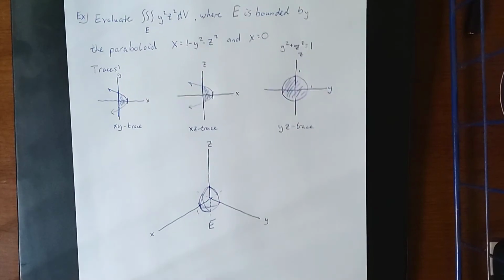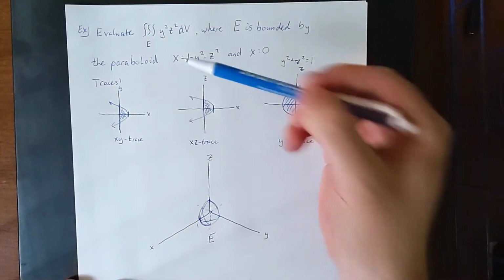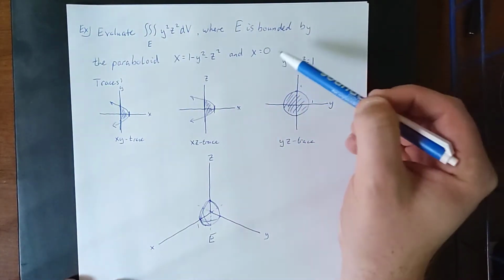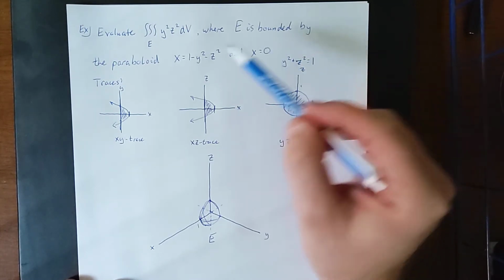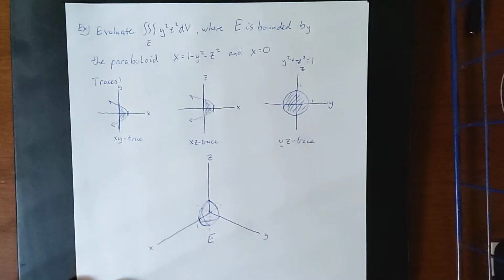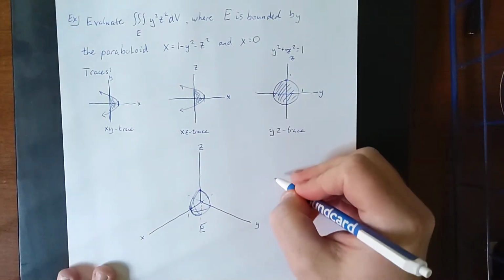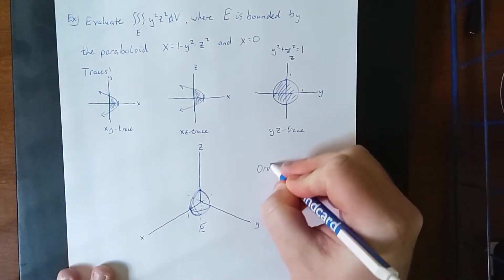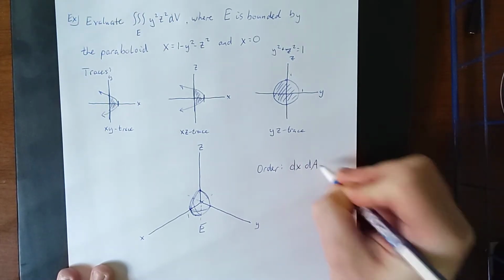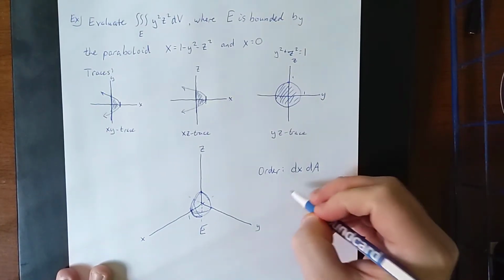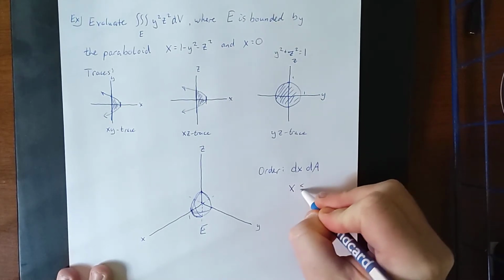Now, all things considered here, when I take a look at this with x as a function of y and z, and x equals 0, I am definitely thinking to myself, I would like to integrate with respect to x first. So the order of my integration, for now, I'm just going to call it dx dA. So first we'll be integrating with respect to x.